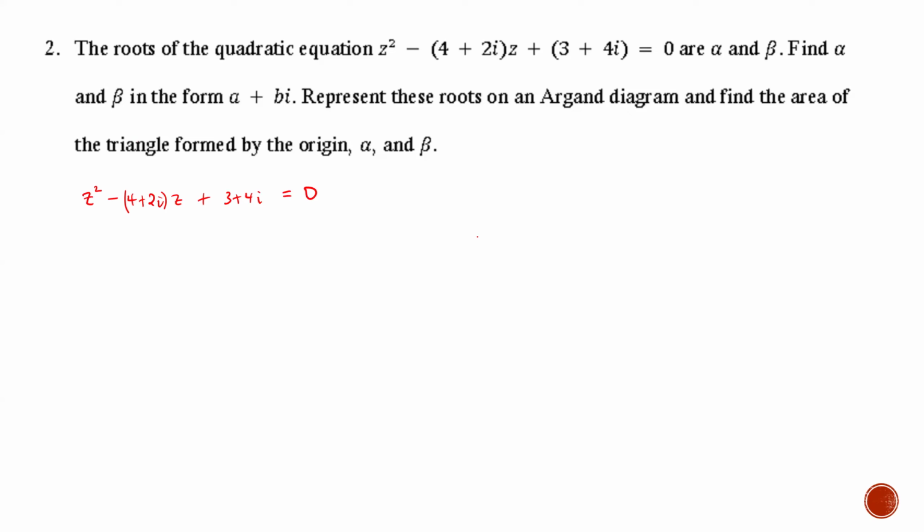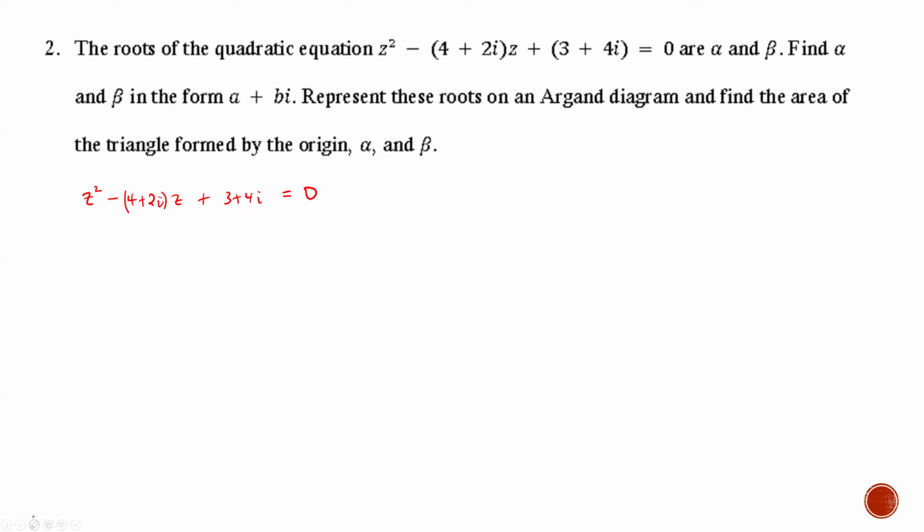You could decide to use sum of roots, product of roots, but it's really just going to lead you back to this quadratic equation. If you say the sum of the roots is this term here, and the product of the roots is this, it's simply just going to lead you back into solving this quadratic equation.